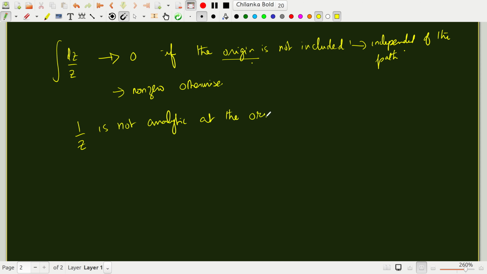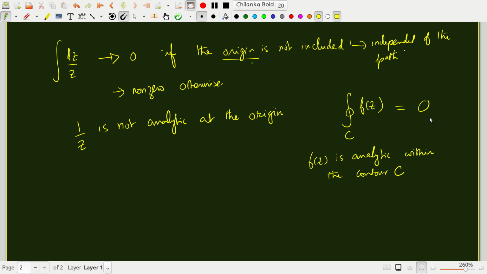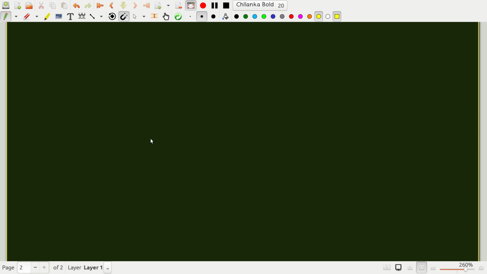So this is giving you a sense that if I integrate a function over a contour where the function is analytic within the contour C, then this suggests that the integral of f of z dz should be 0. Indeed, this is called Cauchy's integral theorem.